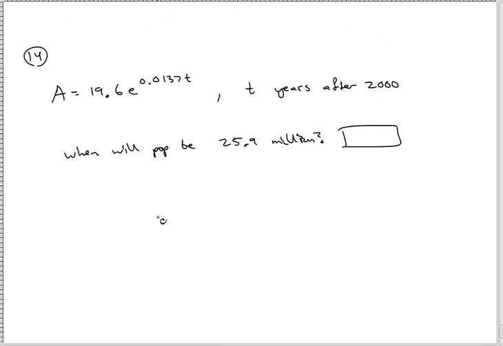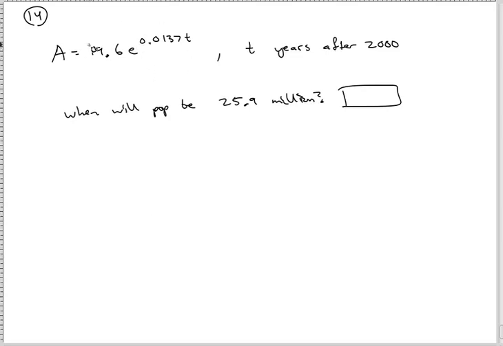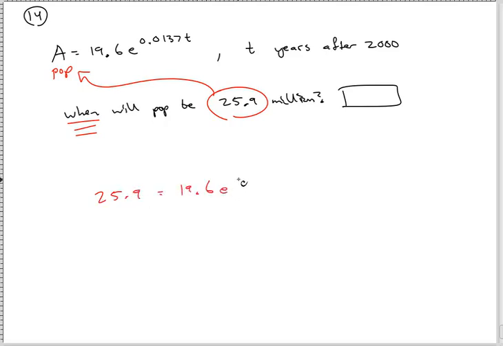Let's keep going. So it says that we have this formula for the population, and T is years after 2000. So when will the population be this much? Now, there's a second part to this problem, but you're basically just plugging into T equals 0, but it's not even worth our time. This part is our answer, not T. And so what I need to do is solve for T given this equation now.